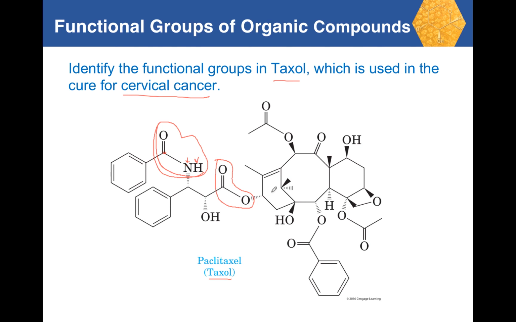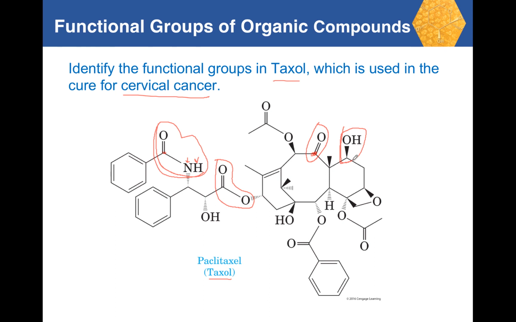Let's see if we can identify another one. Here is a ketone. Notice it is not an aldehyde because there are no hydrogens bonded to the carbon of the carbon-oxygen double bond. As a review, we did this earlier. Here is an alcohol, and you should be able to classify that as a primary, secondary, or tertiary alcohol.